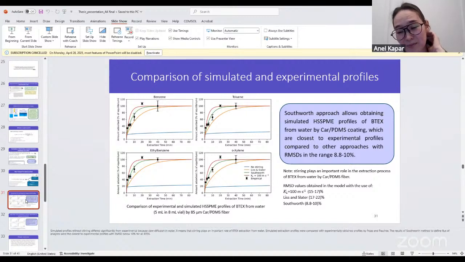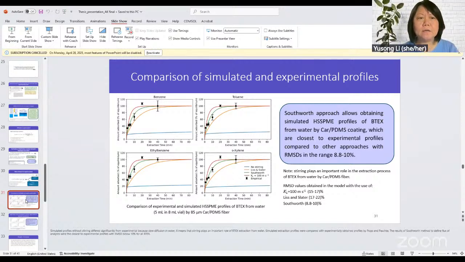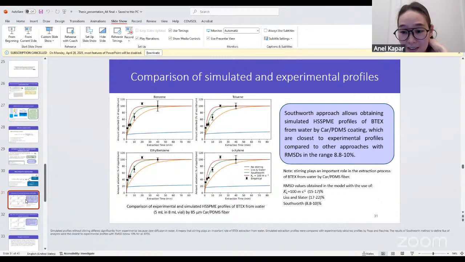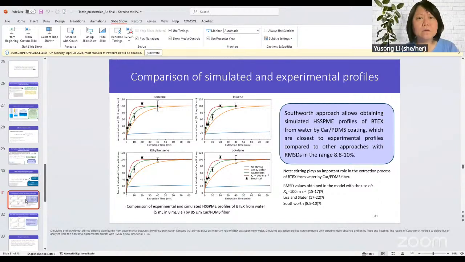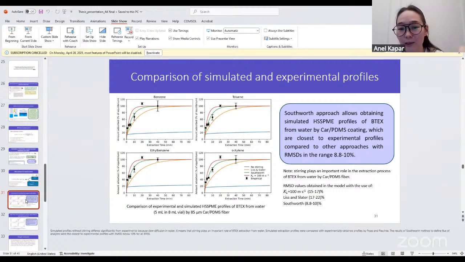I didn't do experiments for absorption in the porous coating, because it has been taken from previous research. It's not included in my presentation because it's not part of what I researched. From previous research, I just adapted it into my model.